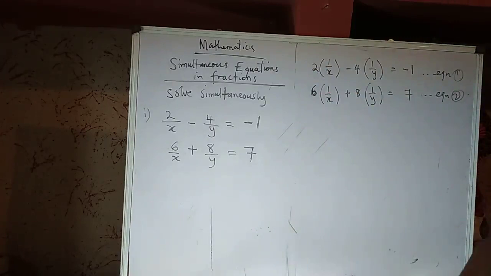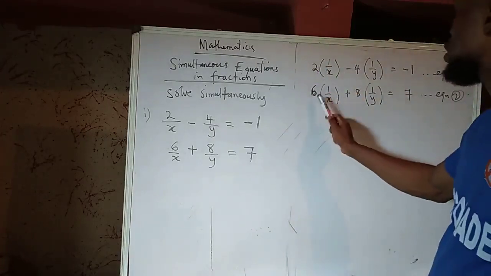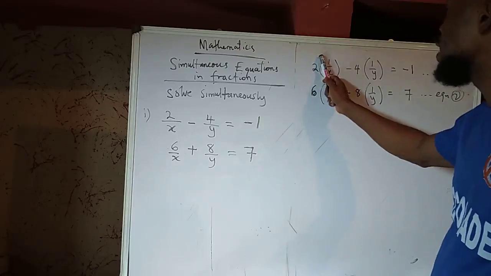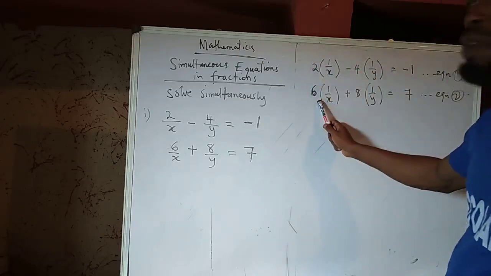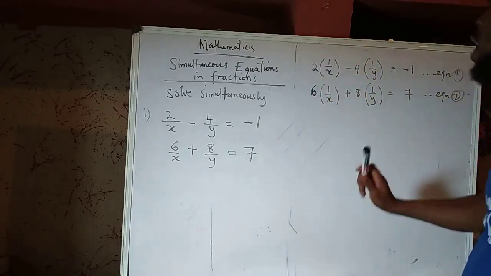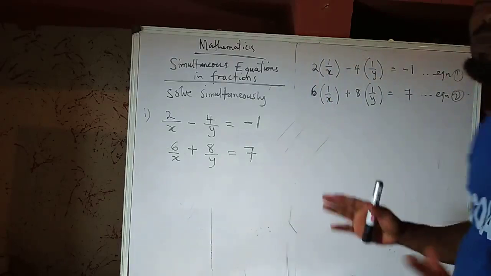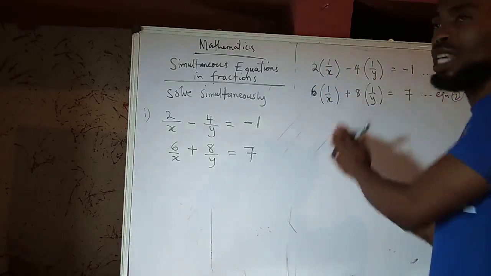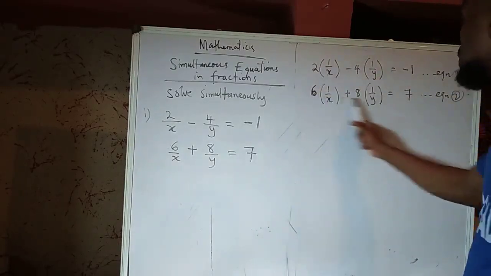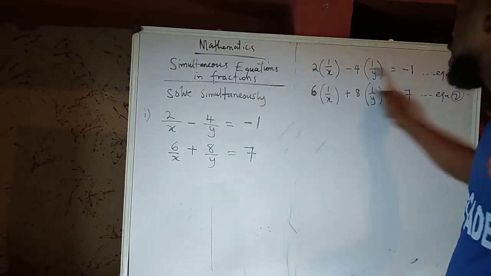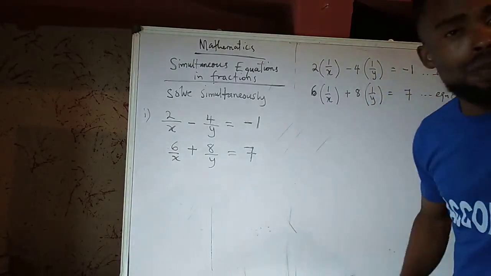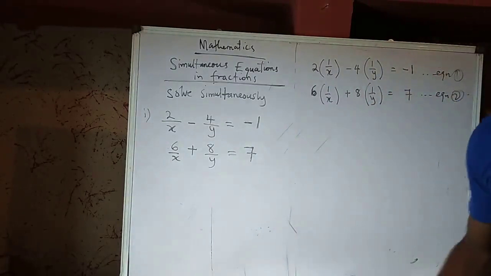In one example that we did, we used the coefficient here to multiply here, and then the coefficient here to multiply here. But that's not what we are going to do in this case. It will still be okay if we use 2 to multiply the whole of this, and 6 to multiply the whole of this, but we are not going to do it that way.